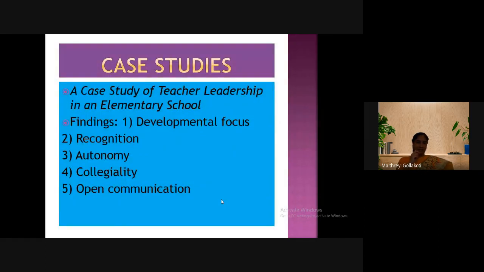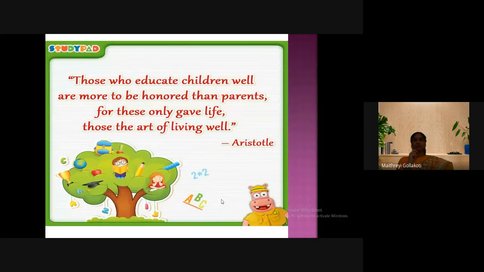And next, yes, please. "Those who educate children well are more to be honored than parents, for these only gave life, those the art of living well." So this is a quote by Aristotle. He says that teachers should be given a position higher than parents because they have molded the lives of the children.